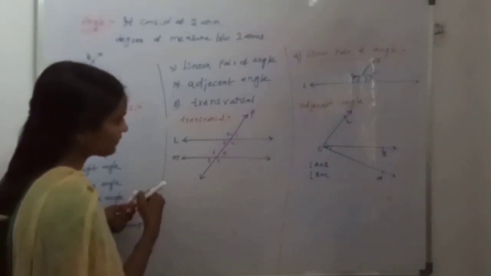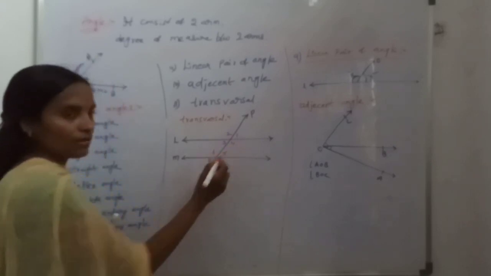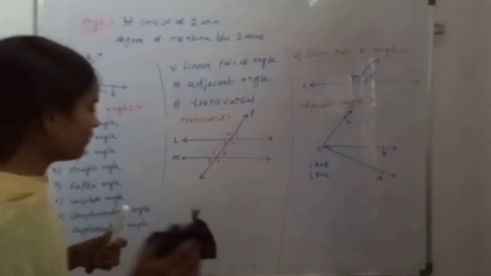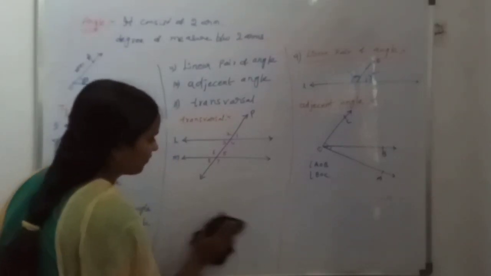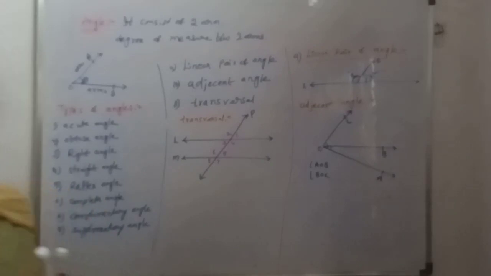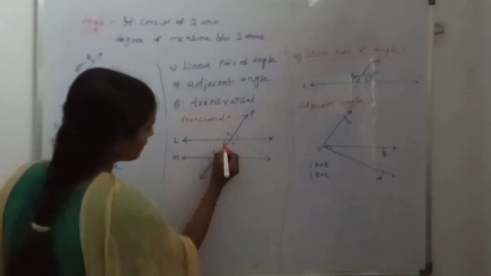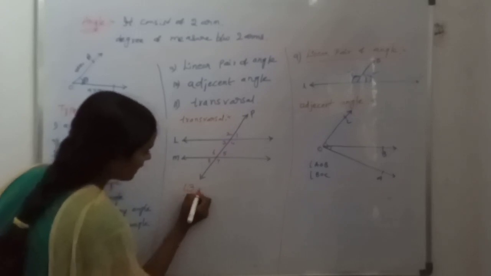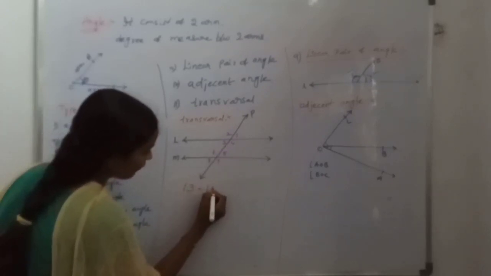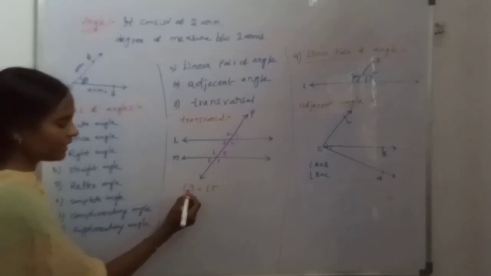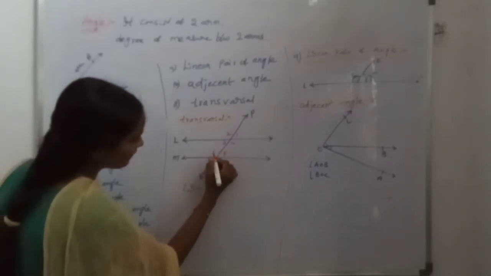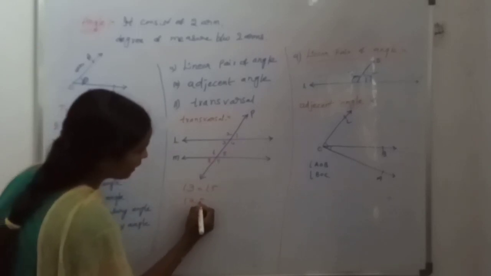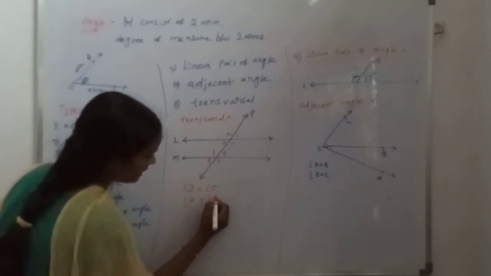Interior angles. Now let's see pairs of interior angles. Angle 3 equals angle 5. It is a pair of interior angles. Now angle 4 equals angle 6.